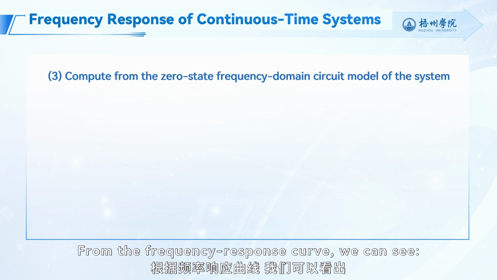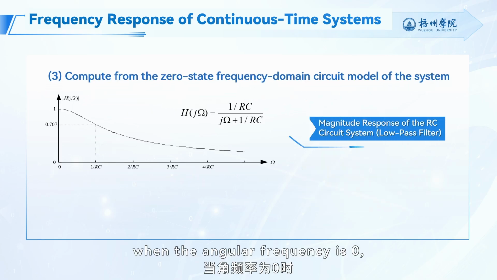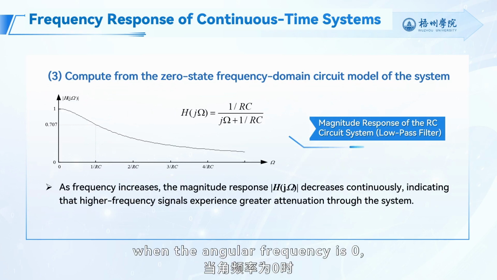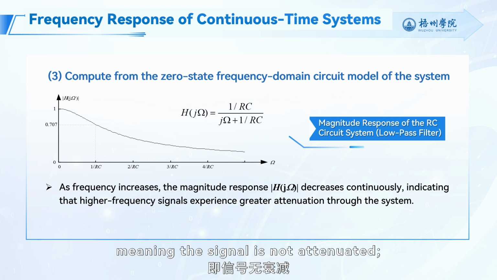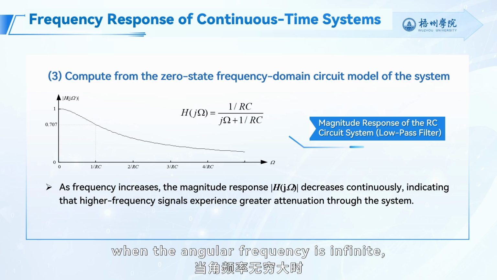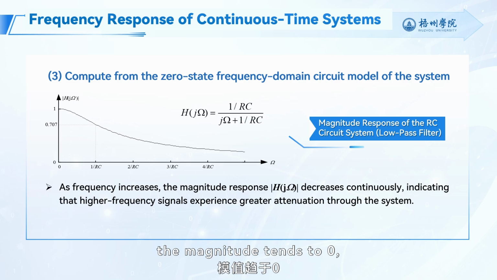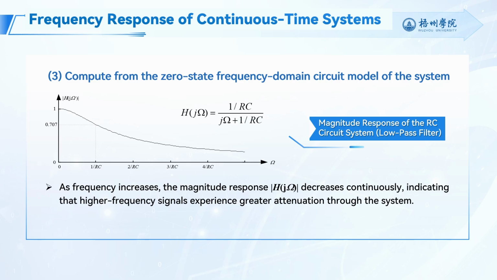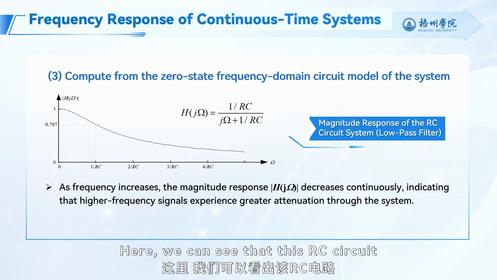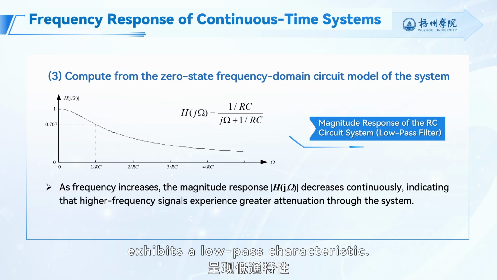From the frequency response curve we can see, when the angular frequency is 0, the magnitude of the frequency response is 1, meaning the signal is not attenuated. When the angular frequency is infinite, the magnitude tends to 0, meaning high frequencies are completely suppressed. Here we can see that this RC circuit exhibits a low-pass characteristic.